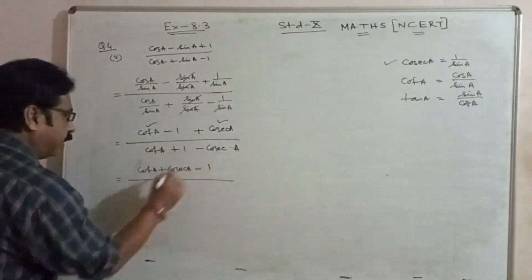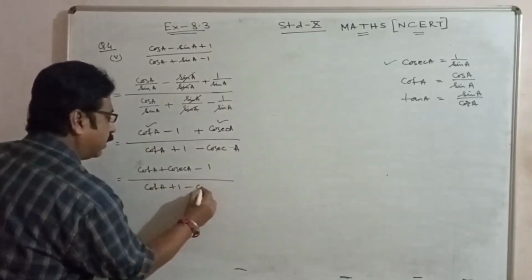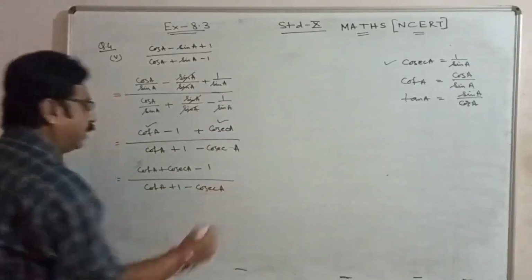Denominator, write the same thing: cot A plus 1 minus cosec A.